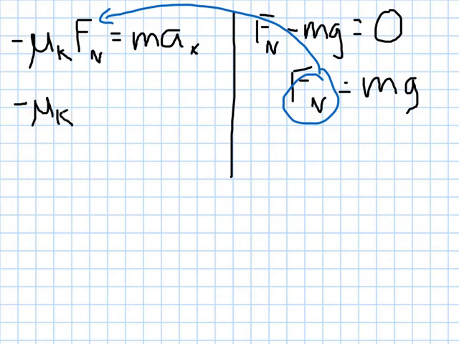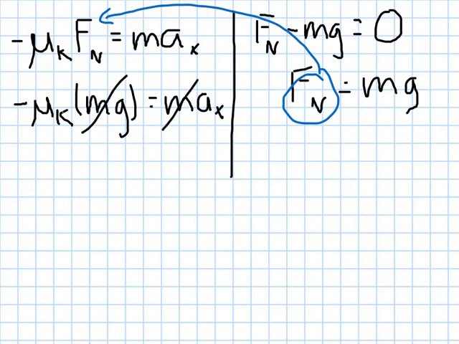So negative mu sub k times mg is equal to the mass of the car times its acceleration. Those masses can cancel. I can divide by mass on both sides, and they disappear. Now I'm down to stuff that I do have numbers for. This whole factor is negative. It's not the coefficient that's negative, it's the whole thing.